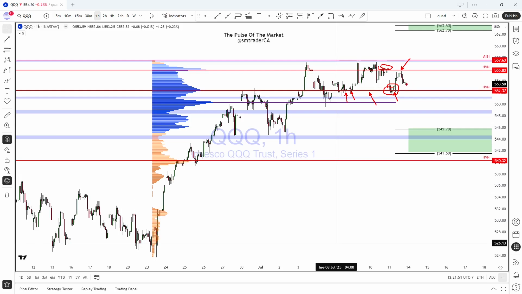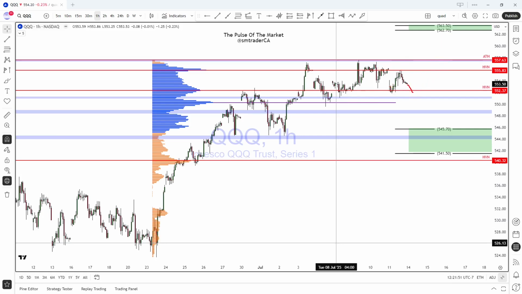So right now I'm watching to see whether it holds above this HVN, and if it does, then look for it to break. If it could break this HVN, then we're looking at an all-time high and possibly a push up to the upper range of the weekly expected move between 563.50 and 562.70.